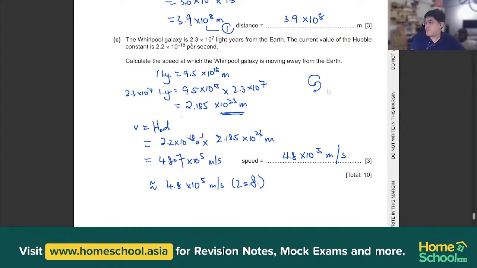And as for the number of marks awarded here, we have 3 marks. As long as you're able to list down the number of meters in 1 light year, that gets you 1 mark. Write down this equation, it gets you a 2nd mark. And calculating the correct answer gets you the 3rd mark. Okay, and that gets you the full 3 marks.